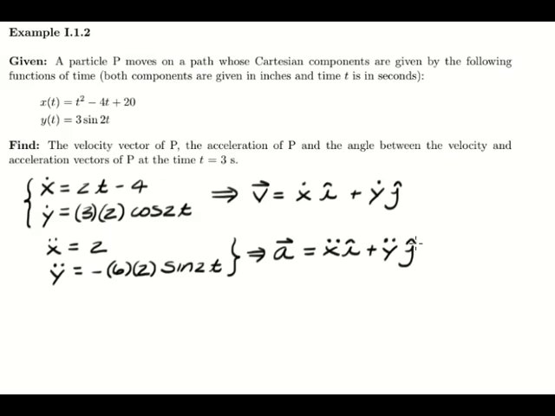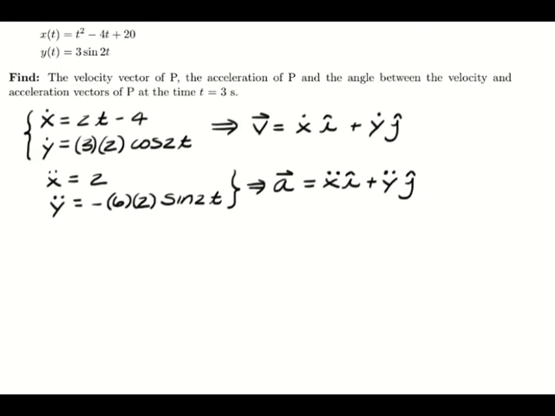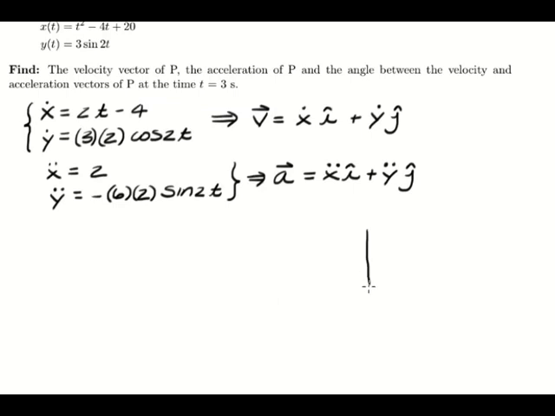The second thing we're asked to find is the angle that exists between v and a. So again, these components of v and a are known in terms of x and y. We'll allow you to put the numbers in there for x dot and y dot, but the v vector is going to be looking something like this, and the a vector will be like this.